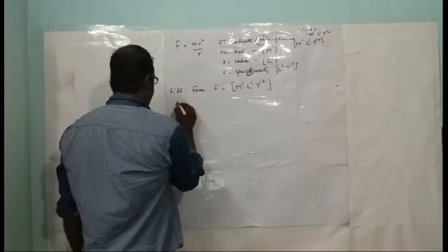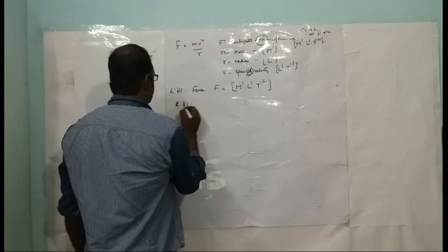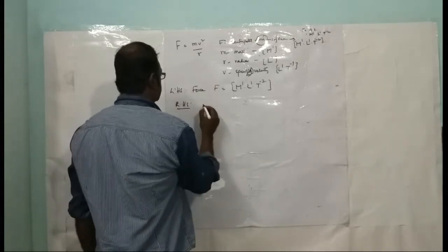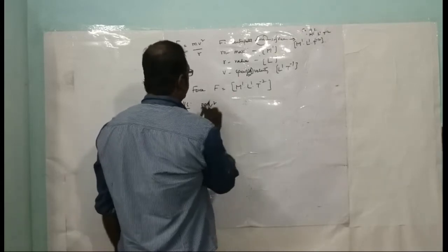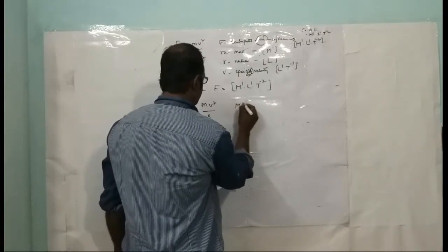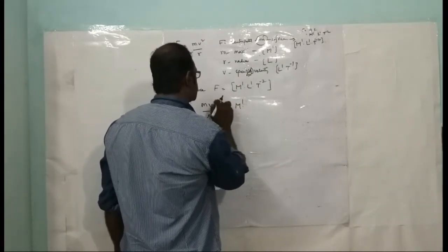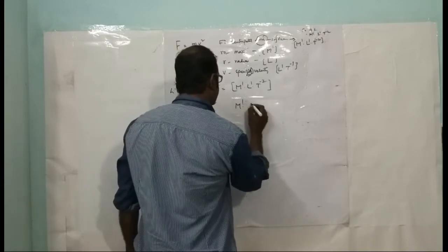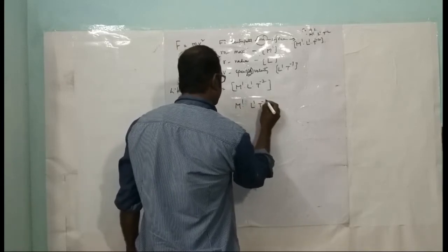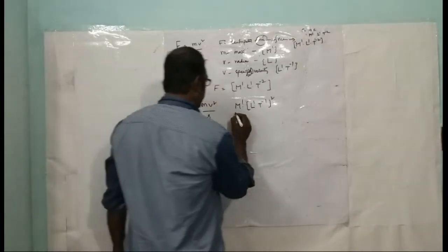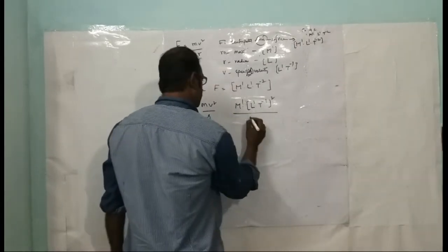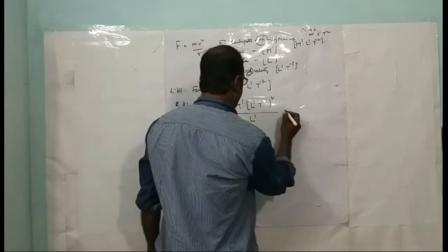And coming to the right hand side, it is given as mv squared by r, isn't it? So mass is m1, velocity squared. What are the dimensions of velocity? L1 t minus 1, raised to 2, and radius is nothing but the length, L1.